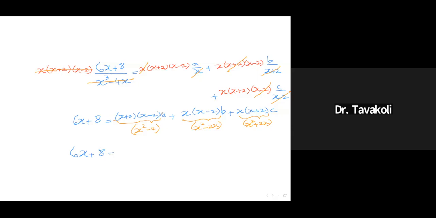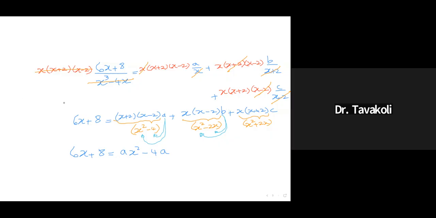I can distribute this a over the parentheses here. So I will have ax squared minus 4a. Then I can distribute this b over this parentheses, bx squared, then minus 2 times bx.